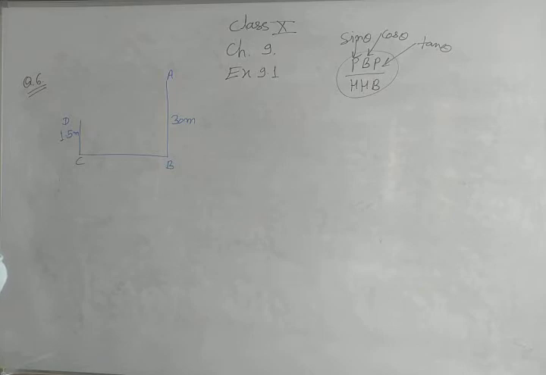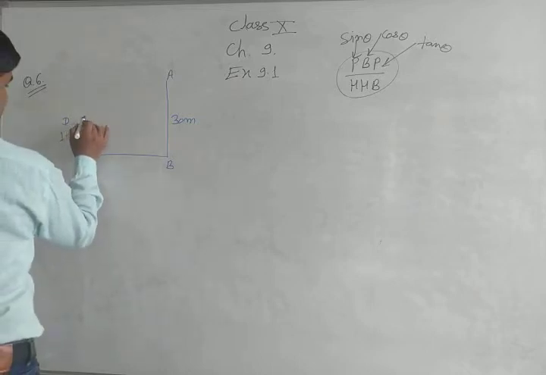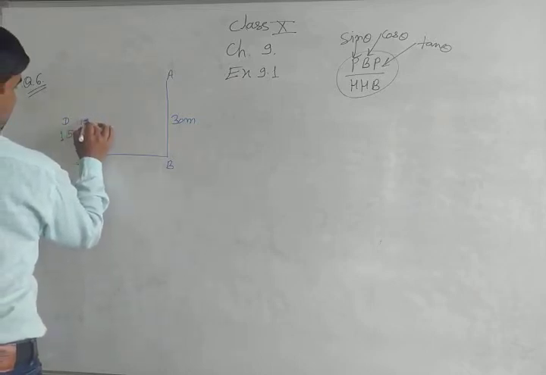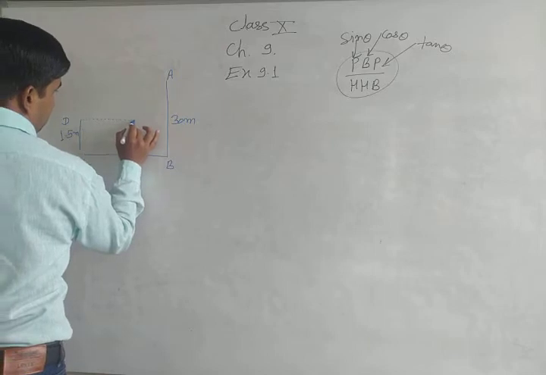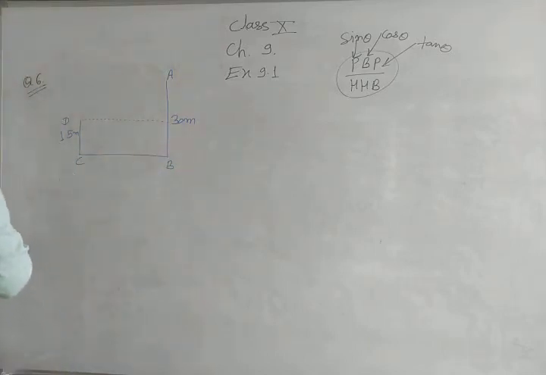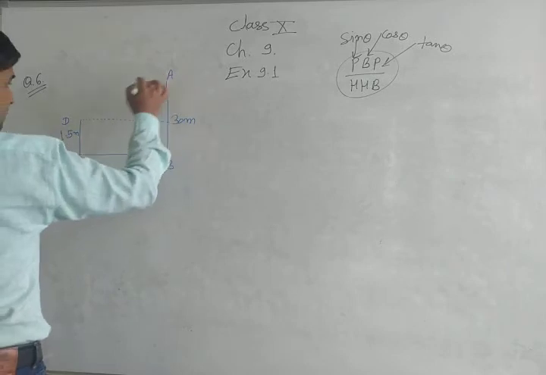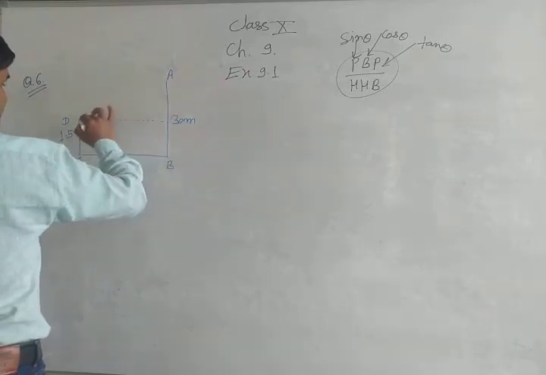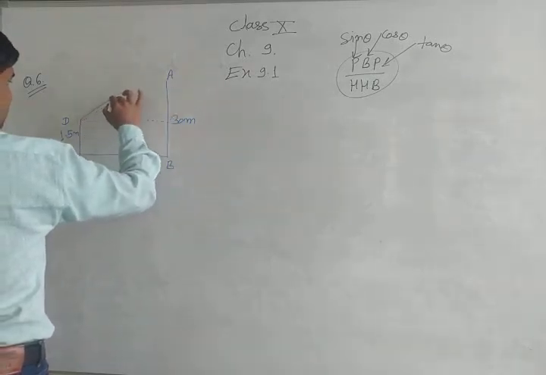We observe that right now this is the ground level. Now the angle of elevation from his eye to the top of the building, here is the top of the building, and here are his eyes.